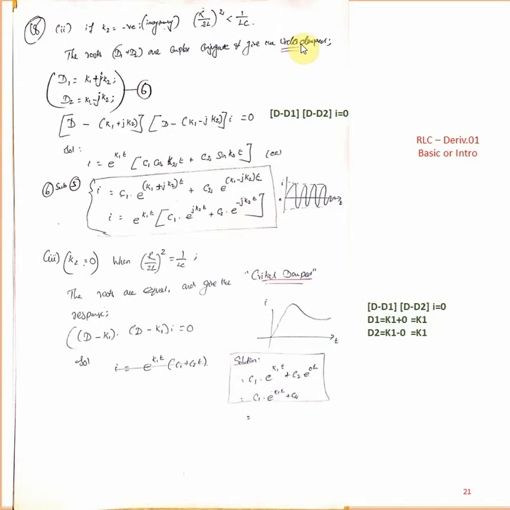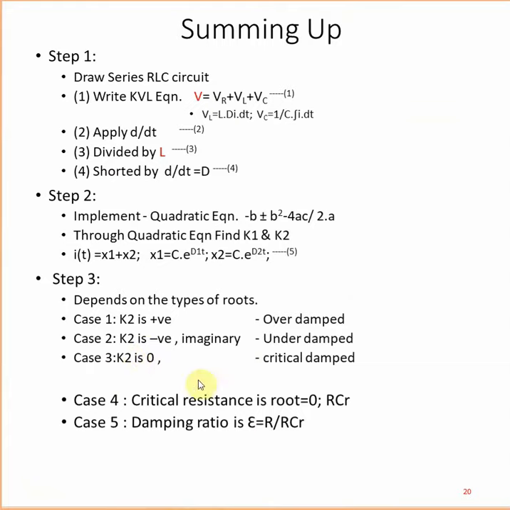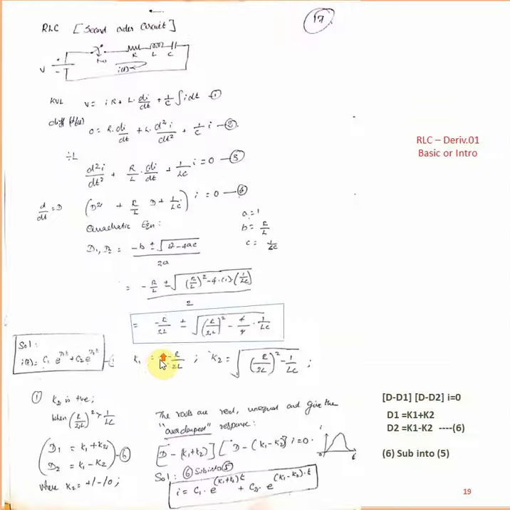Then the critically damped system. What about the critically damped case? Simple: k2 is equal to 0. Here is the equation.